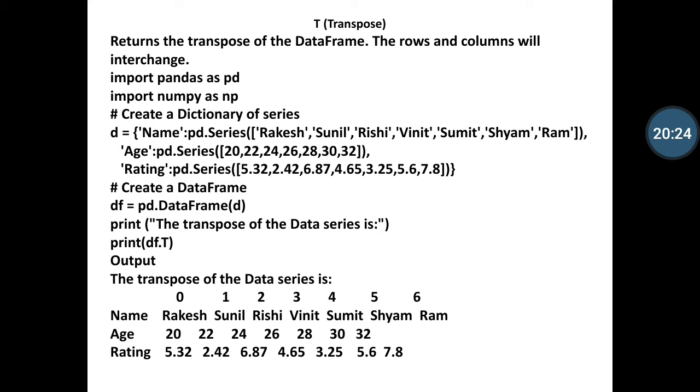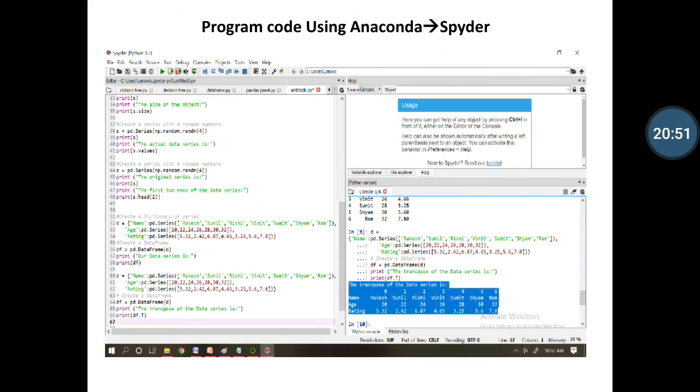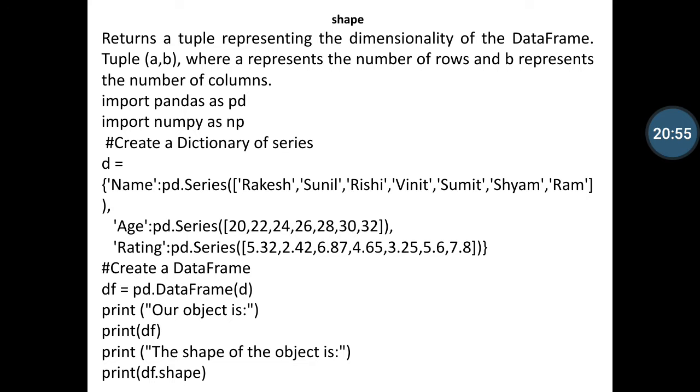After execution you can notice that it converts our data from the previous slide. The columns are converted into rows. First row is name, second row is age, and third row is rating. You can run the code given in the slide.